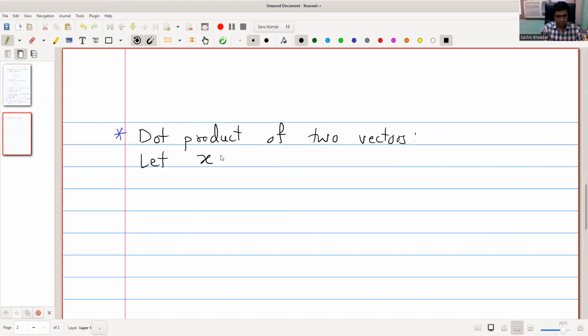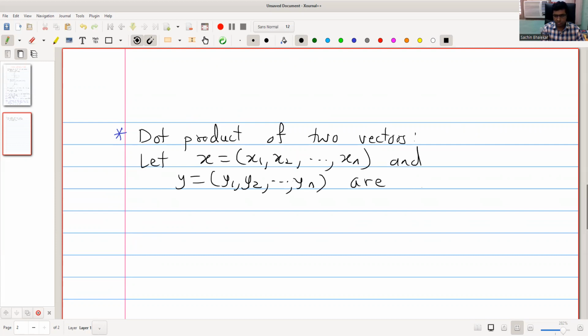Let x given by (x1, x2, and so on, xn) and y given by (y1, y2, and so on, yn) be vectors in Rn.